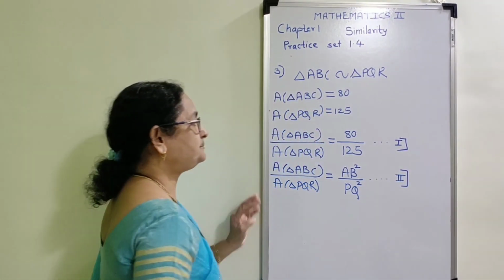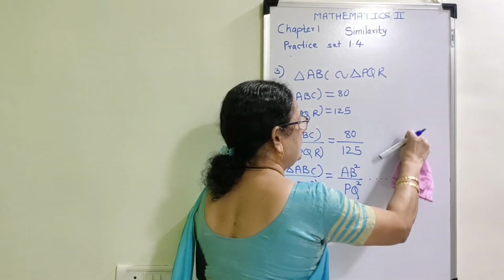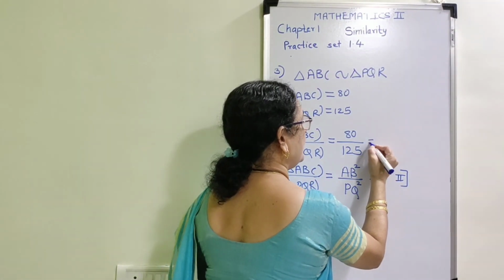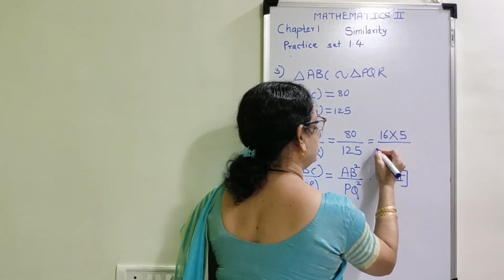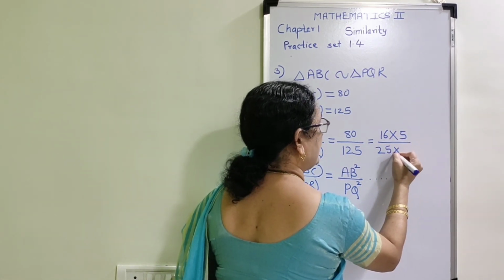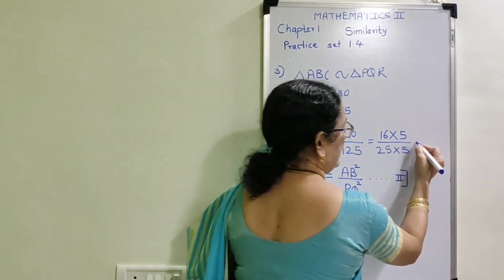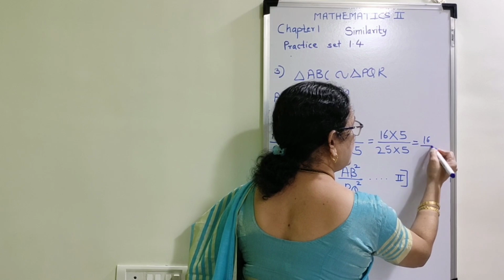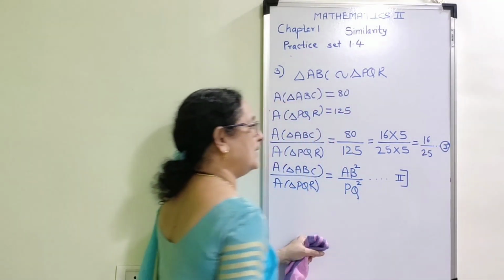But here, in the first step, I will take common 5, that is, it is 16 into 5, and here 25 into 5. 5 is the common multiple of both the numbers, and therefore my ratio is 16 upon 25. This is my statement number 1.